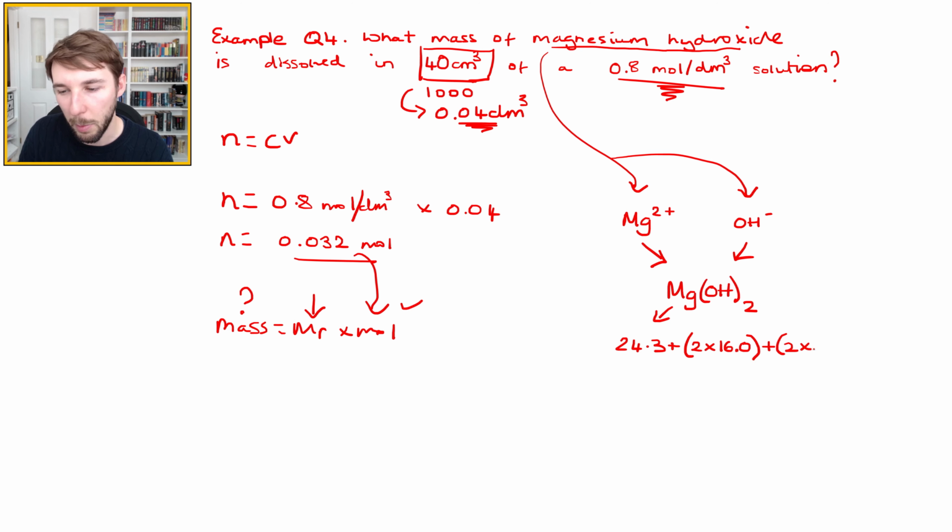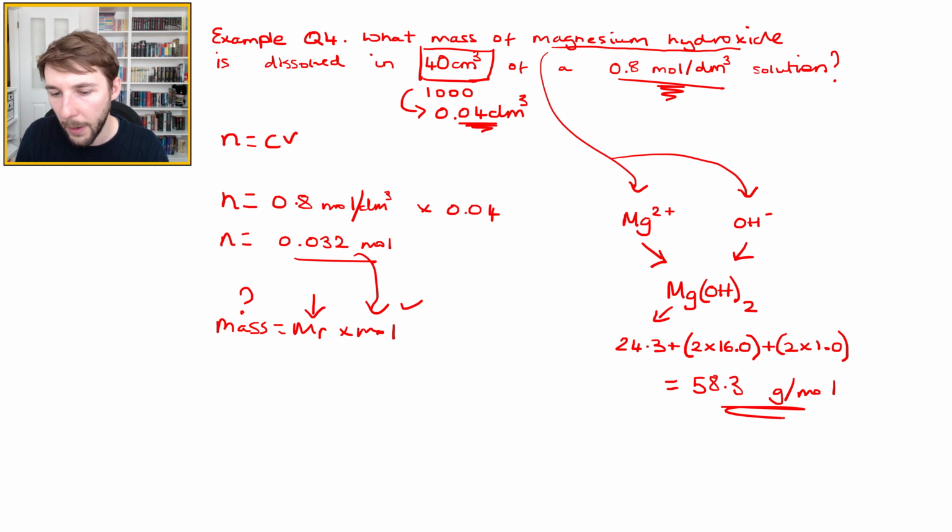So obviously you'd probably write in 2 in your calculator, but let's just show the full working. Let me just calculate it. Okay, so our answer that we should have got for the Mr for magnesium hydroxide is 58.3 grams per mole. That's great. So we've now got this Mr for our equation here.